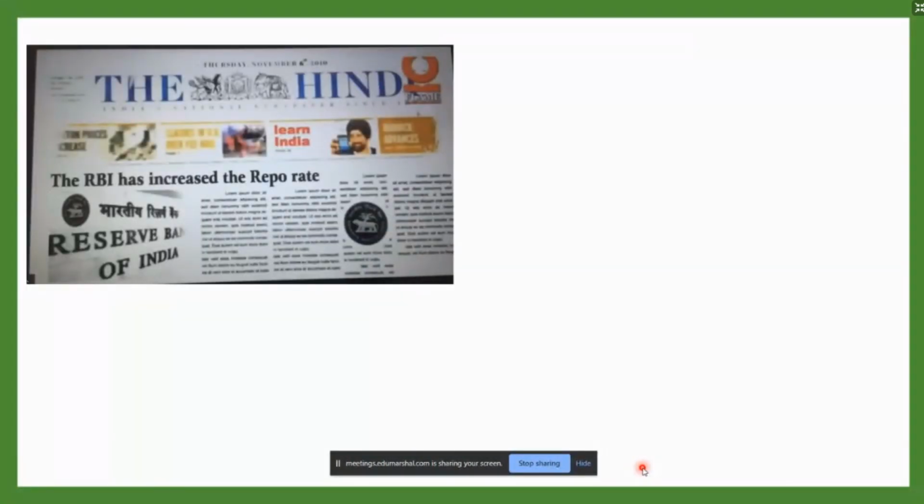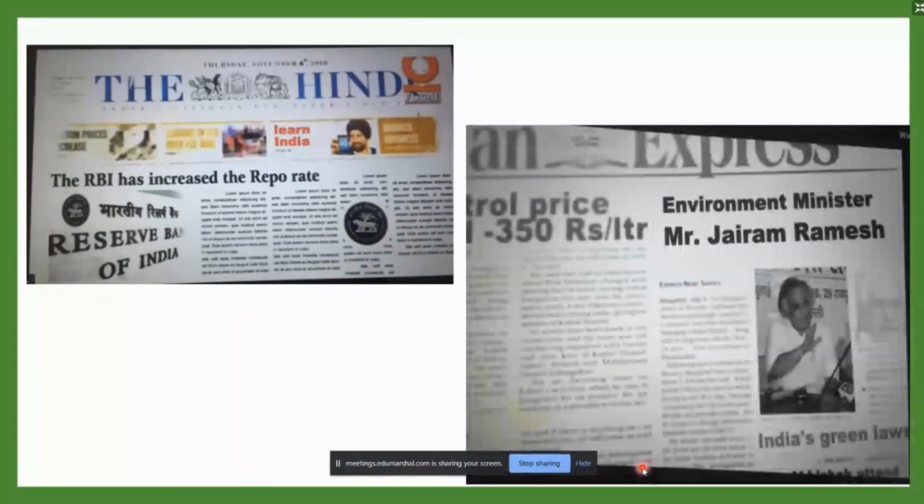RBI has increased the repo rate. You think of what it is. And in this newspaper clipping, the Environment Minister talks about India's green laws. When you talk about increased repo rate, it means the rate laid down by the Reserve Bank of India, making loans and everything cheaper or costlier because there is an increase.